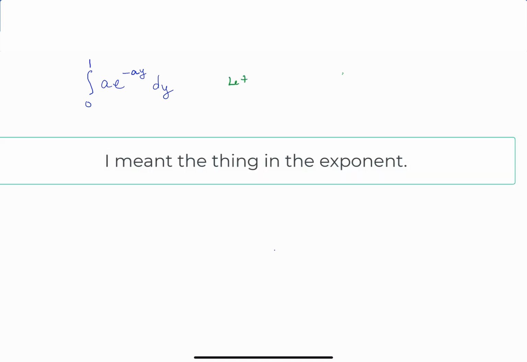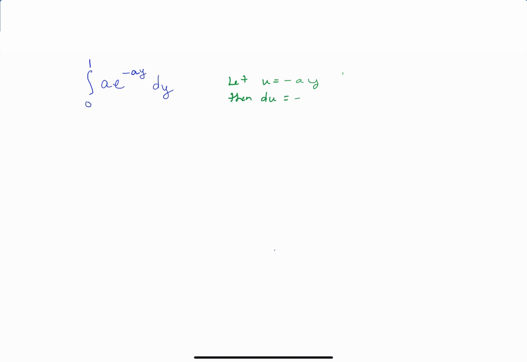I'm going to do the same u substitution where I let u be the thing in the parentheses, so minus ay. Then carrying that through, that tells me that du would be minus a dy. So I'm going to be putting in minus 1 over a du for the dy.